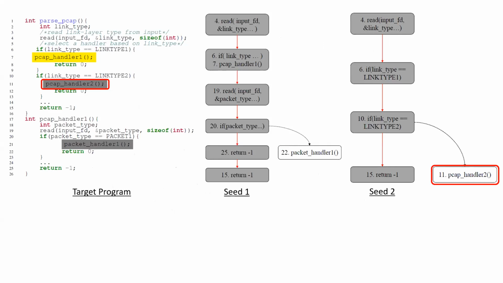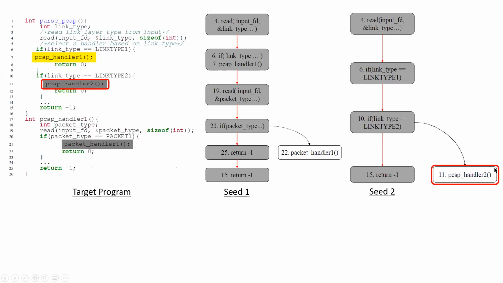So this is one example. The left side is the target program, and seed 1 is the first seed generated by fast testing. The gray code blocks are the blocks the fuzzer managed to reach. However, at line 20, the if packet type equals cat 1, where is the buggy code?